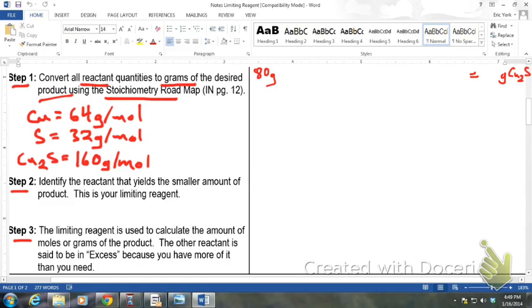Using our stoichiometry roadmap that we've been doing last class and earlier this class, we know that going from grams of copper into grams of another chemical is a 3-step stoichiometry problem. So we set up our 3 steps, and now we solve. So I'm going to go ahead and let the sub pause the video for a minute or two while you solve this problem, and then I'll let you double check it with my answer.